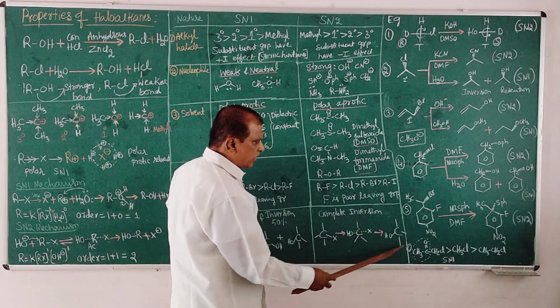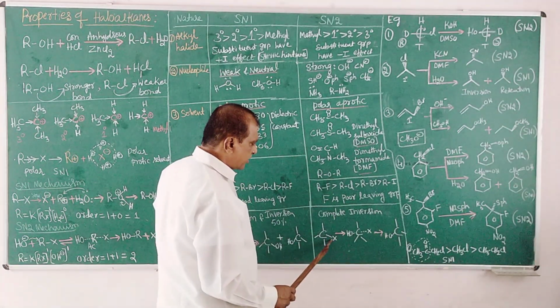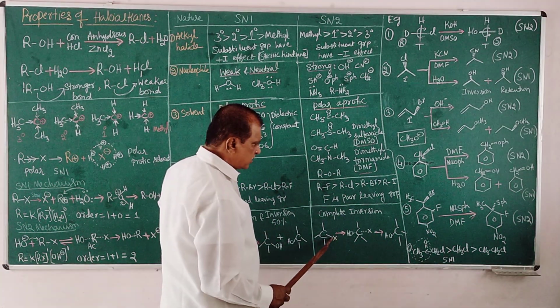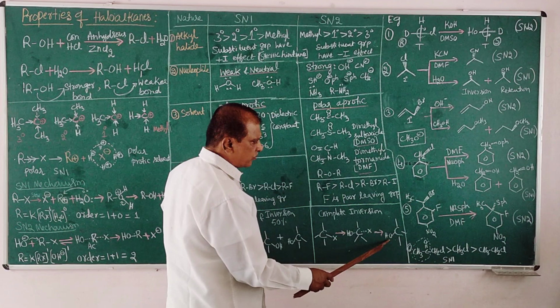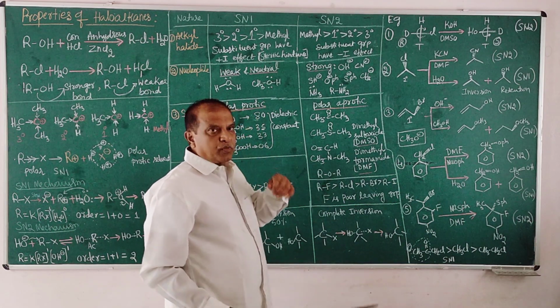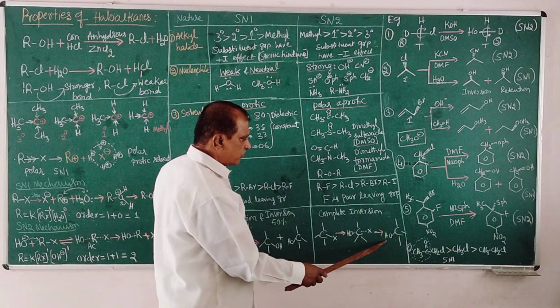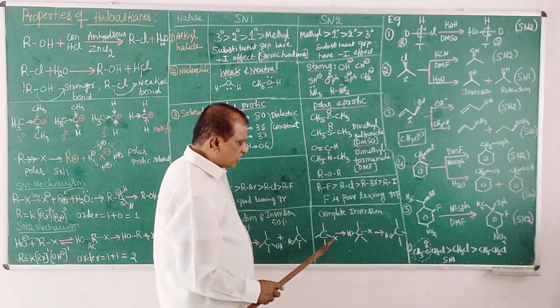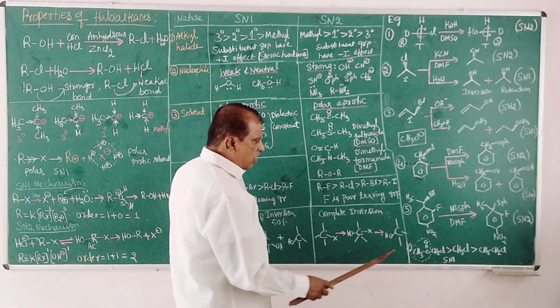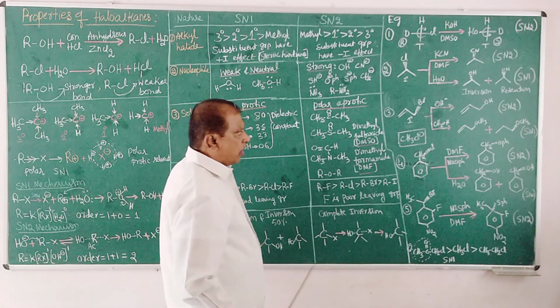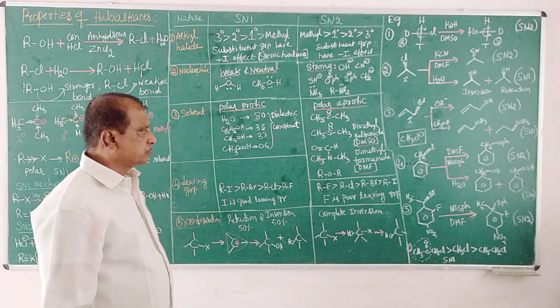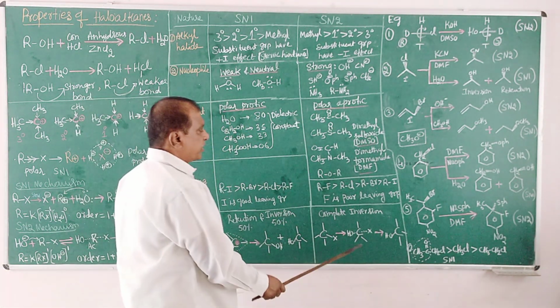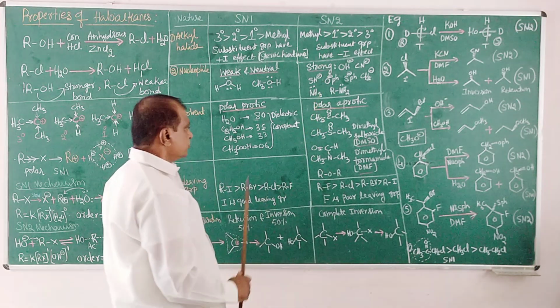This configuration will take place. It is exactly inverted. If this is in one direction, the product is in the opposite direction. So here the geometrical configuration is inverted. If the reactant is R configuration, the product is S configuration. Completely inverted. That is the kind of configuration expected from this concerted mechanism.